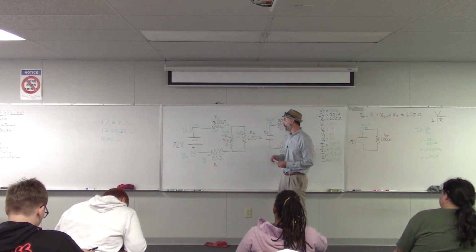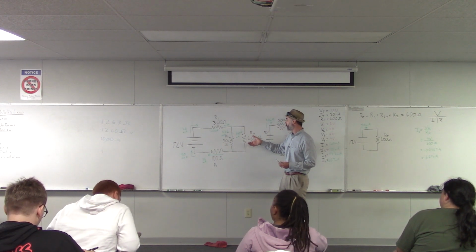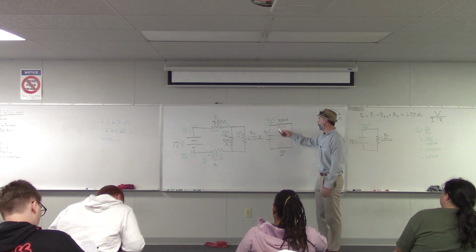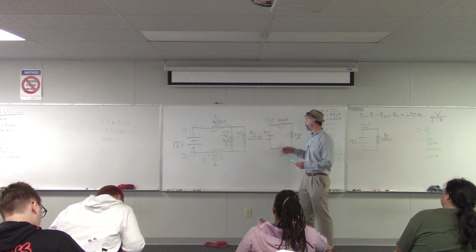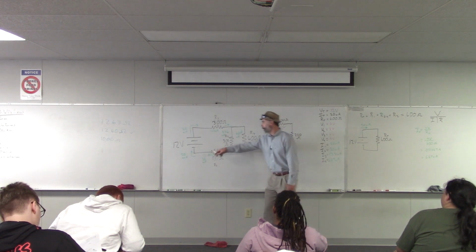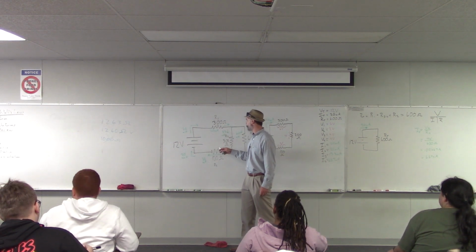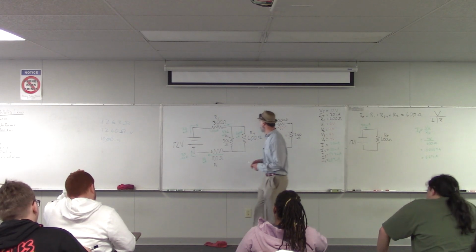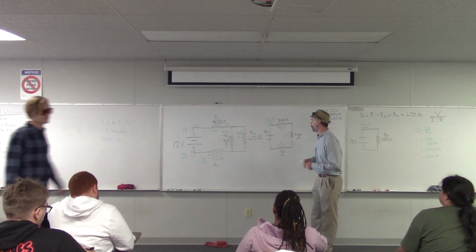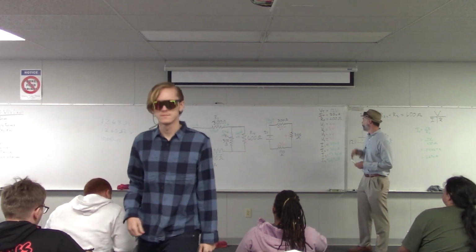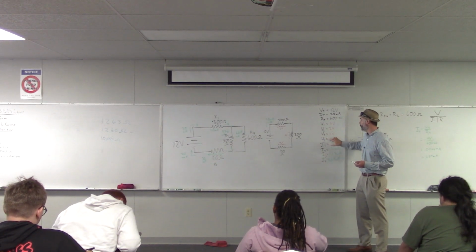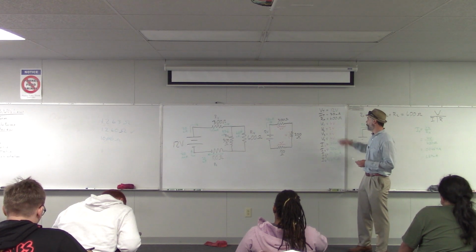Another thing is the voltages. The voltages around any loop should add up to 0. That's not the same as saying that V1 plus V2 plus V3 plus V4 has to be 12, right?